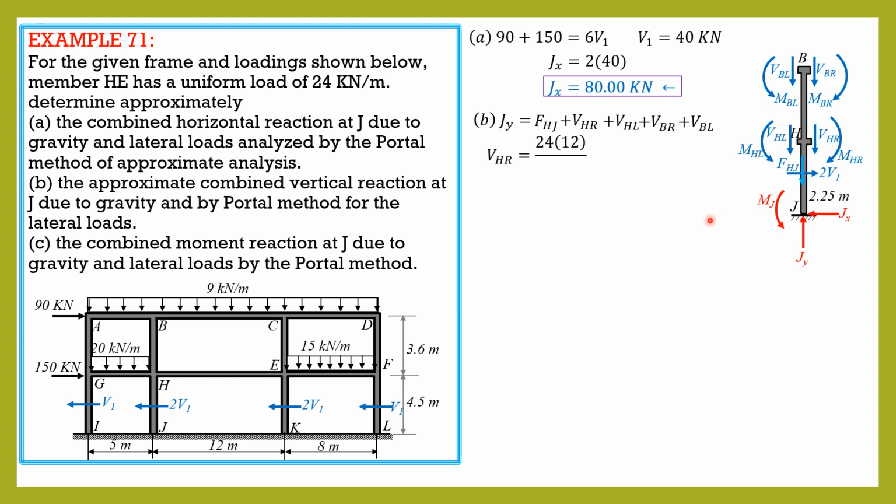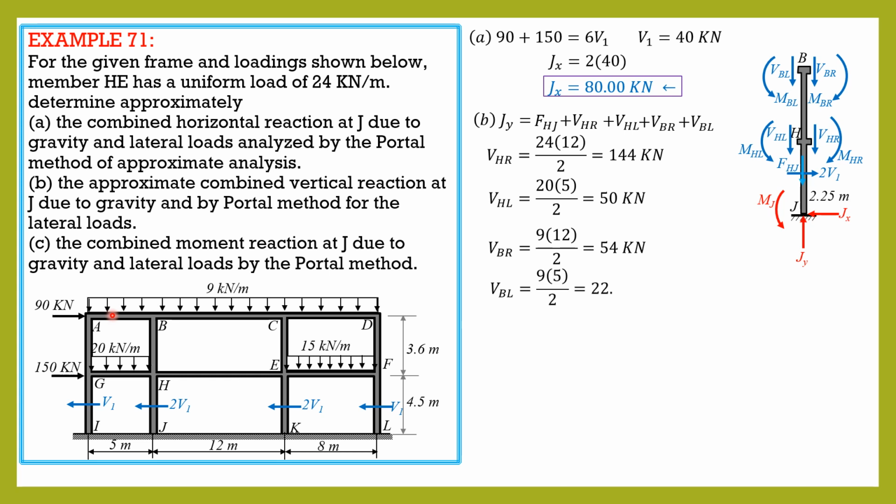So VHR equals WL over 2, 24 times 12 over 2, 144. VH left is 20 times 5 over 2, 50 kilonewtons. VB right is 9 times 12 over 2, so 54, and V sub B left is 9 times 5 over 2, so 22.5 kilonewtons. So our problem is FHJ by the Portal method due to these lateral loads.